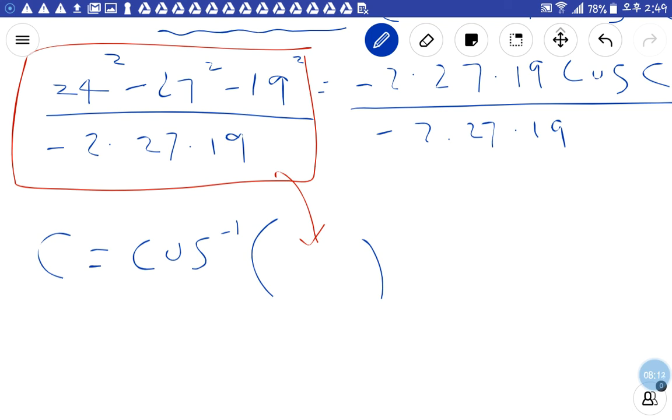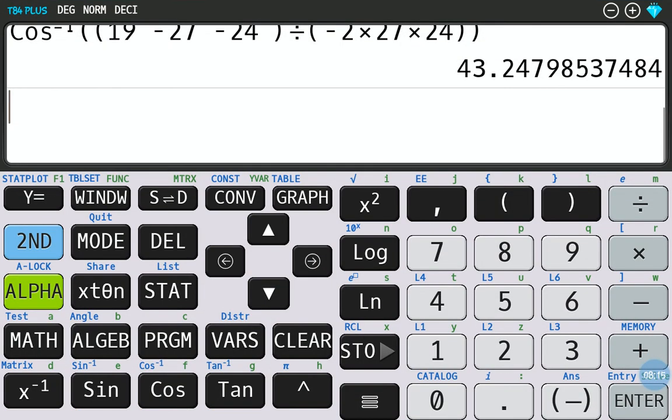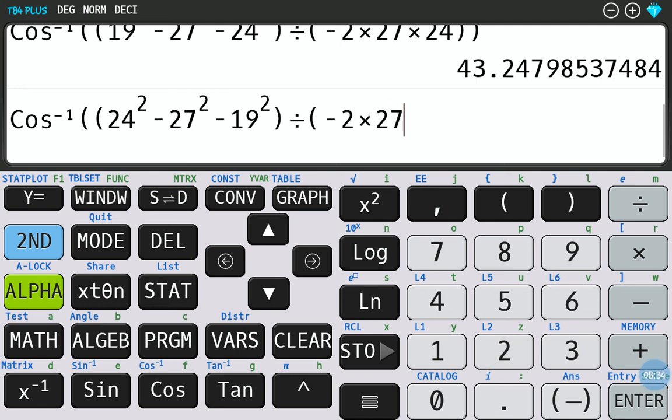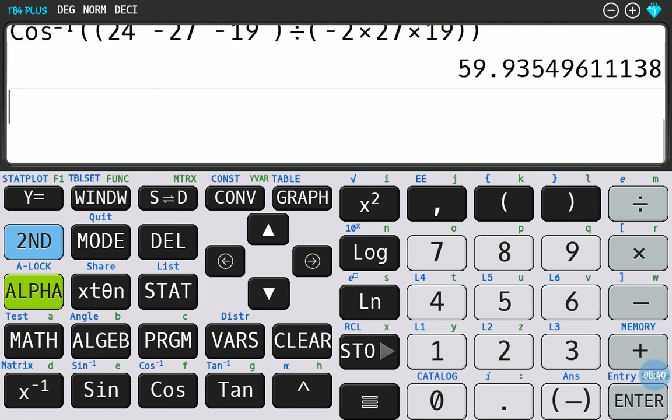In the calculator: arc cosine, parentheses, 24 squared minus 27 squared minus 19 squared, close it, divided by, open the parentheses, negative 2 times 27 times 19, close it, and close it. I get 59.93, so the answer would be 59.9.